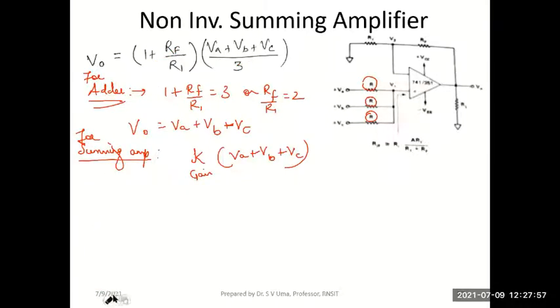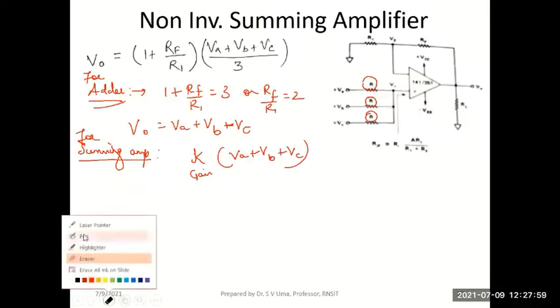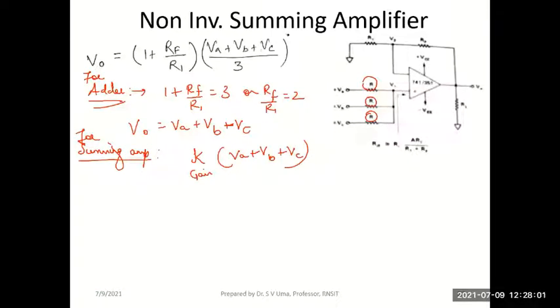This factor 1 plus RF by R1 should be greater than 3. As simple as that.